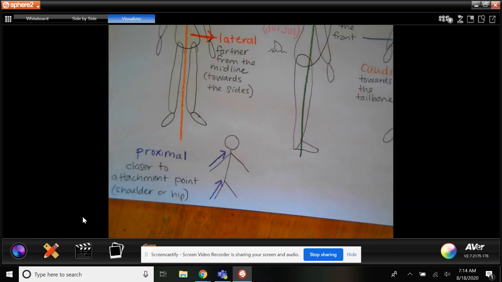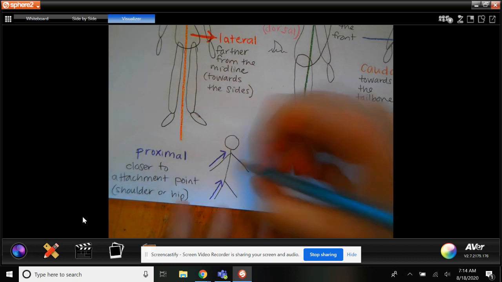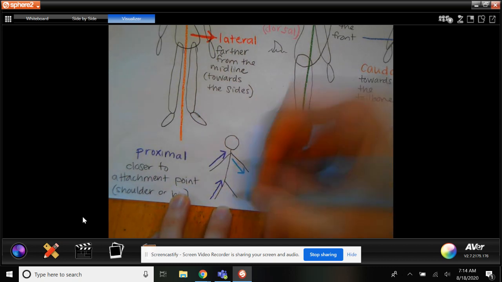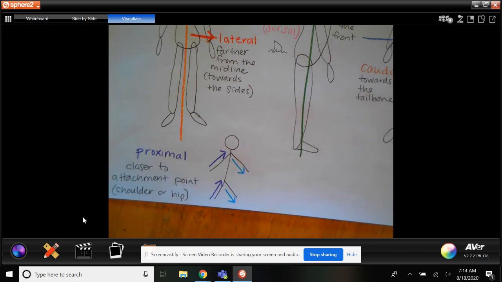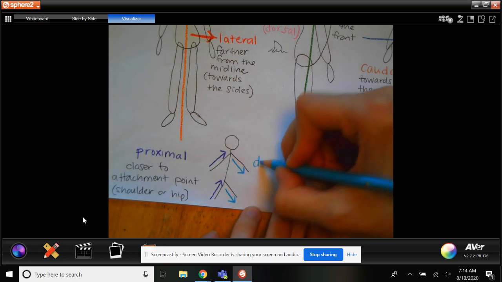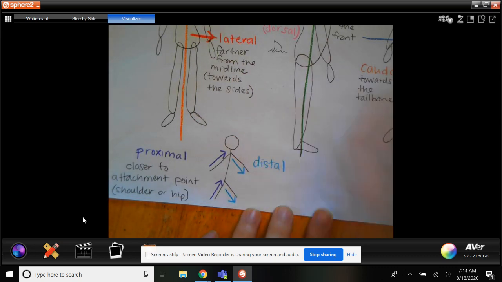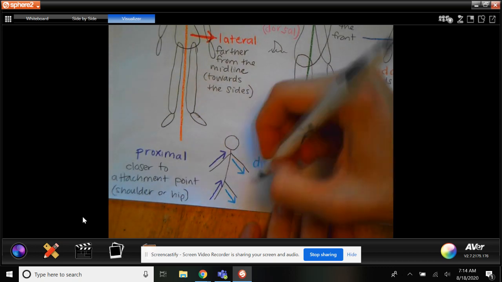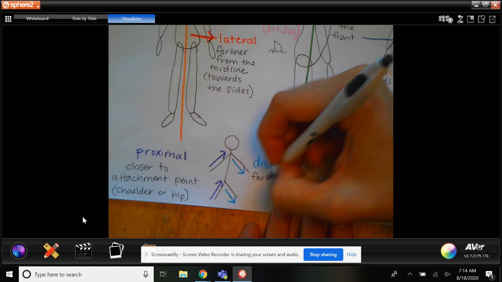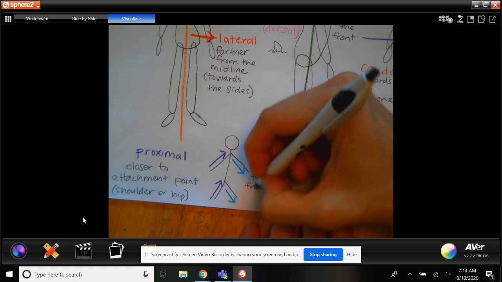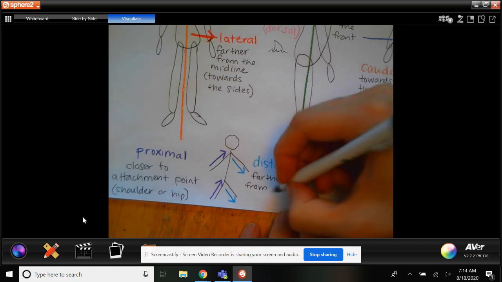And then there's an opposite word, of course. And this word is distal. Like think distant. So this is farther from attachment point.